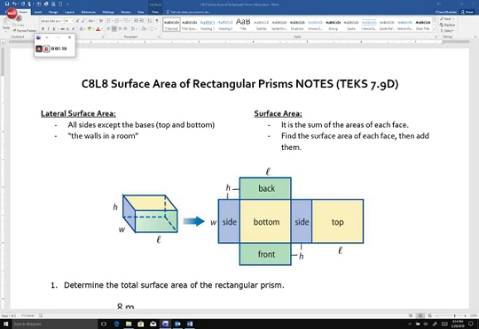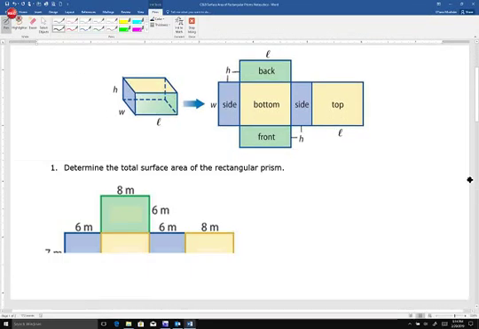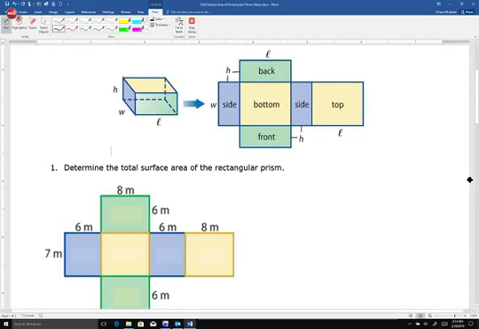If you notice with the example that they give us, you can see that there's just a bunch of rectangles. As a matter of fact, there are 6 rectangles. You have the 4 in the middle that make up the lateral surface area. So let's use blue to highlight the lateral surface area.